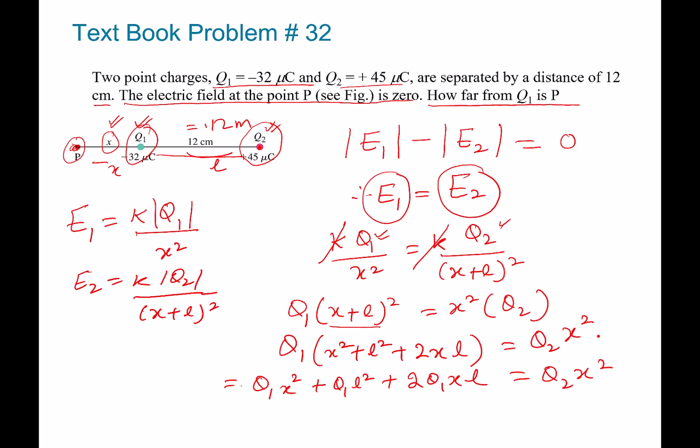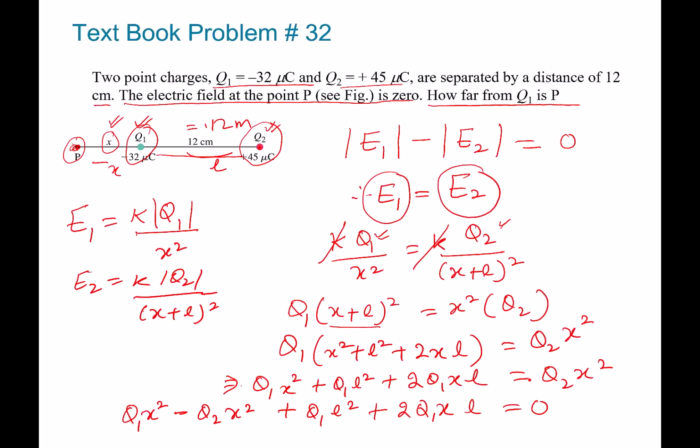It seems difficult to simplify it this way. We'll combine the X squares together: Q1 X square minus Q2 X square plus Q1 L square plus 2 times Q1 XL equivalent to 0.